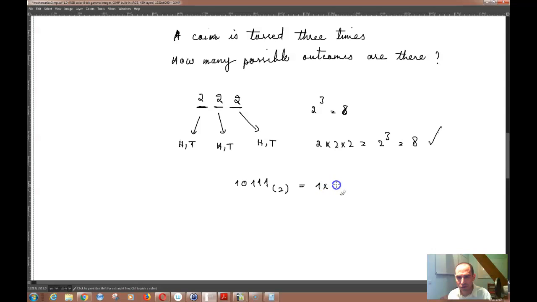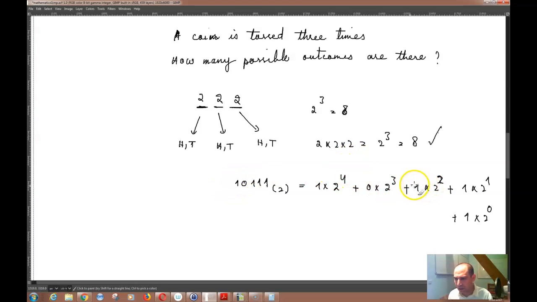So this is 1 into 2 raised to the power 4, plus 0 into 2 raised to the power 3, plus 1 into 2 raised to the power 2, plus 1 into 2 raised to the power 1, plus 1 into 2 raised to the power 0. And what that means is that the place value here is 2 raised to the power 4.